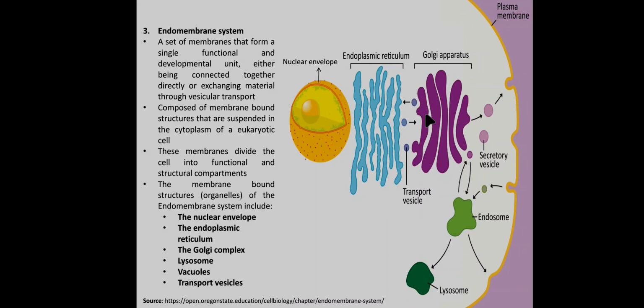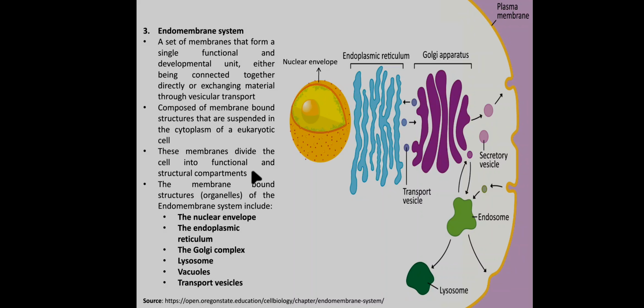See, these are in line: the nucleus, endoplasmic reticulum, Golgi apparatus, lysosomes, secretory vesicles, etc. They are involved in the endomembrane system, either connected together directly or exchanging material through vesicular transport. See, these vesicles help in transport. It is composed of membrane bound structures suspended in the cytoplasm of the eukaryotic cell.